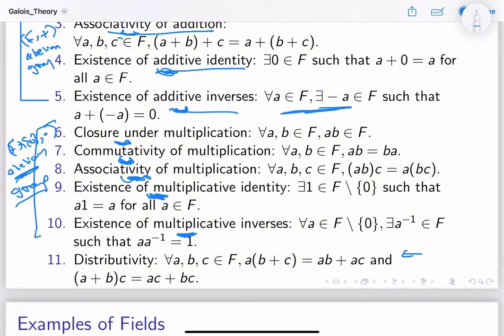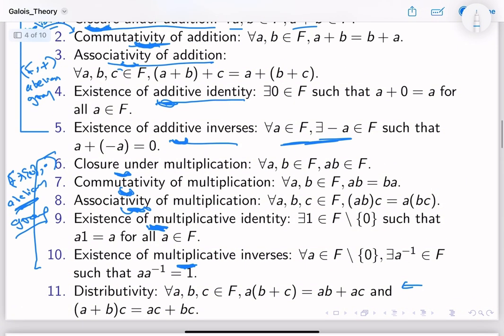However, one important note here: we call the additive identity zero, or we denote it by 0, right?